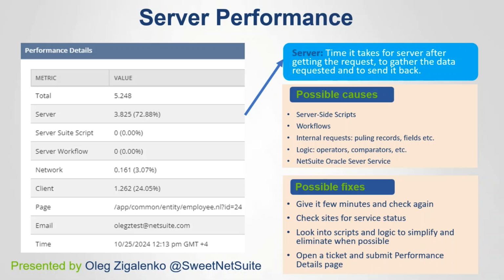Also, you're pulling a lot of records, your fields are loading, and things like that also can definitely slow down the server. Your logic, whatever is happening during that page request, whatever the server is doing during that time, trying to calculate points or fill in and post onto different records, whatever the logic is on the server side, that could be the problem.